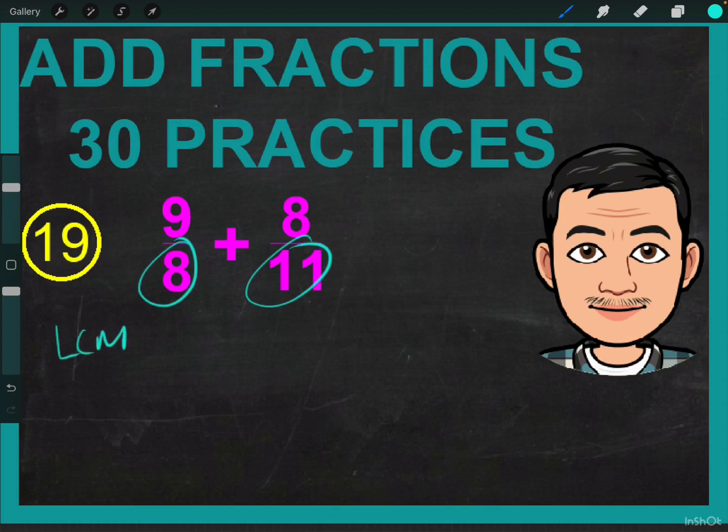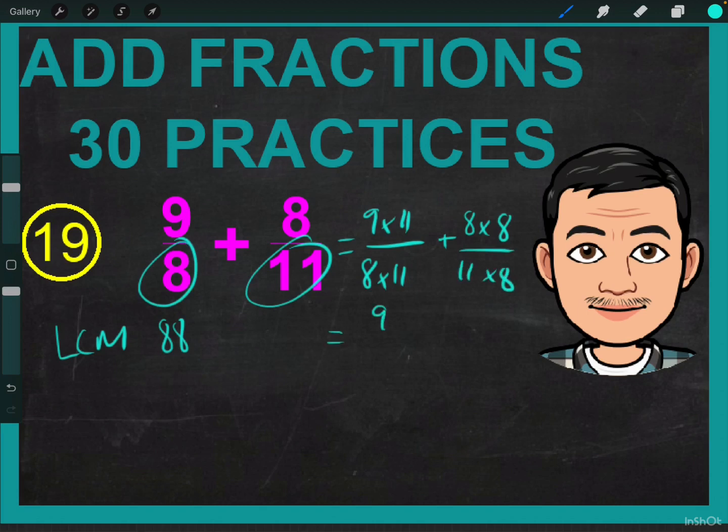Again, we have two fractions with different denominators, 8 and 11, and the LCM for 8 and 11 is 88. So now we need to convert 9 over 8 and 8 over 11 to something over 88. For the first fraction, we times 11 to both the numerator and the denominator. For the second fraction, we times 8 to 8 and then 11 times 8.